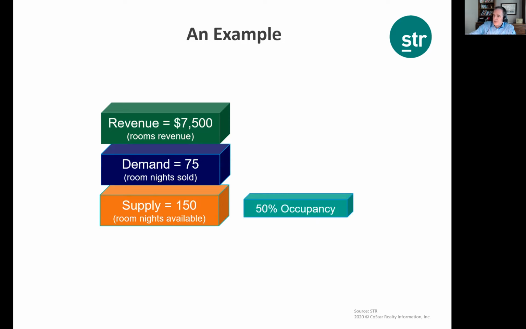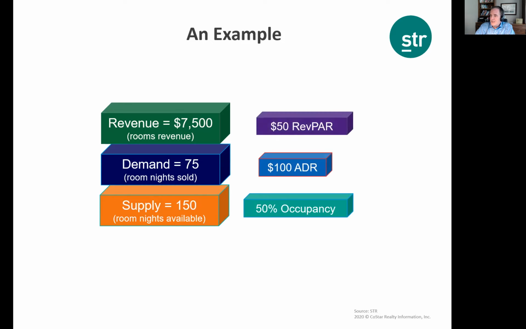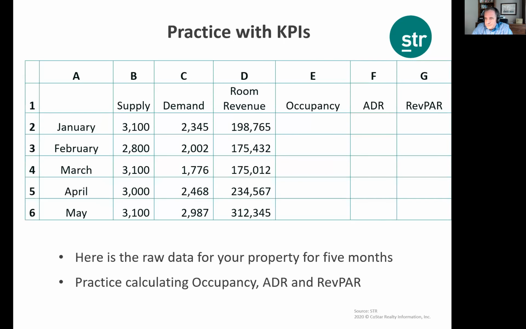First, occupancy. What would that be? That'd be 75 divided by 150. What's our occupancy? 50%. Next up, ADR. What would that be? That'd be the revenue, 7,500, divided by the demand, 75. What's our ADR? $100. And finally, RevPAR. Keep in mind, that would be the 7,500 divided by the 150. And that gives us a $50 RevPAR.